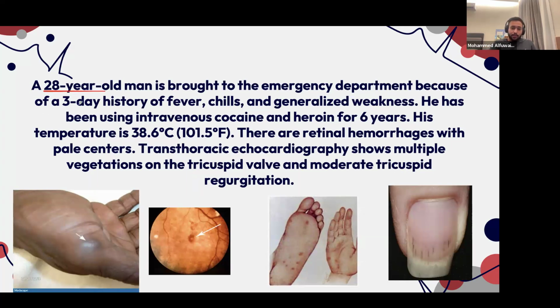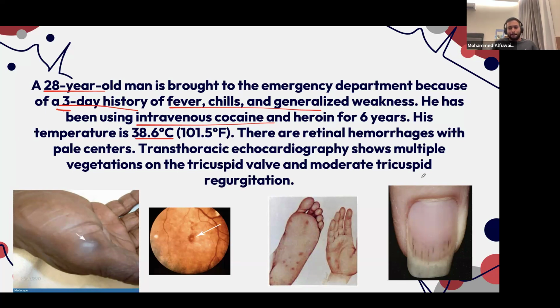28-year-old man, 3 days of fever, chills, generalized weakness, IV drug user, high temperature, and there are these signs. What does he have? Infective endocarditis. Is this acute or subacute? Acute. Excellent. What organism do you think causes infective endocarditis? Staph aureus.